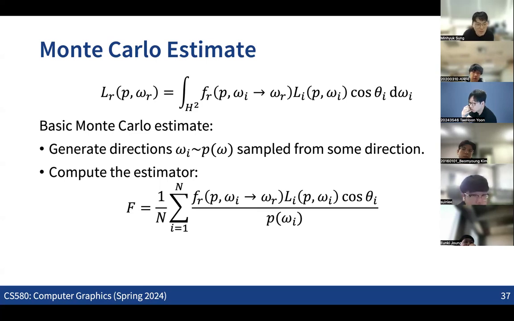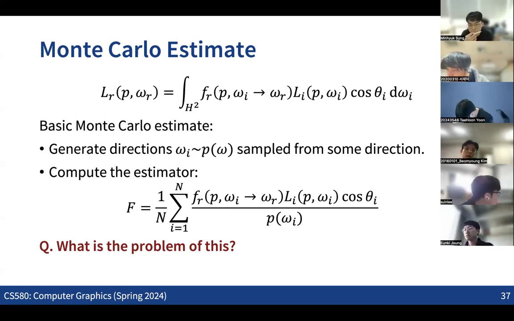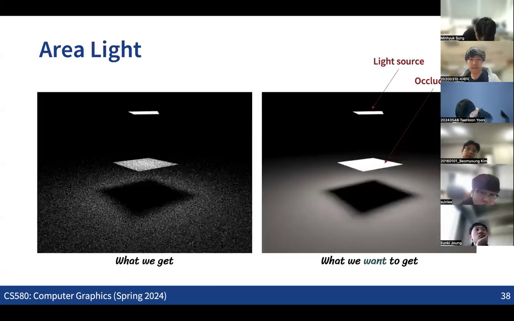But actually, for many cases, this simple Monte Carlo estimate has some issues. What would be the problem with this Monte Carlo estimate? I also give a hint here: when you do naive sampling of the solid angle, we get this output, while the right one is what we want to get, right?